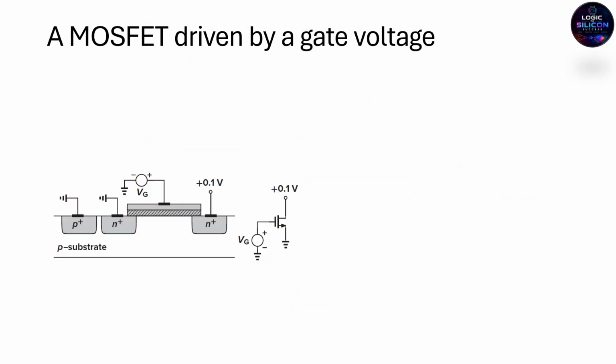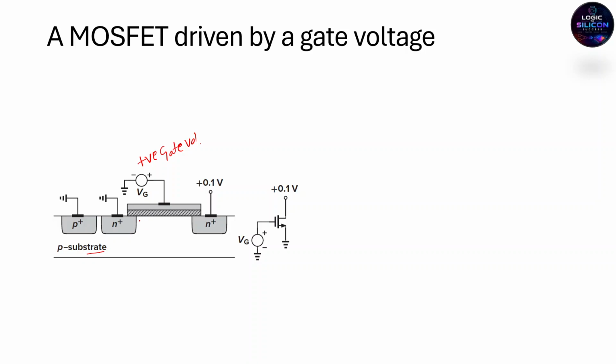Okay, coming to the next part, we will discuss the MOSFET operation. In this diagram, we are applying a positive gate voltage here. From the charge perspective, we know that this is a P substrate.